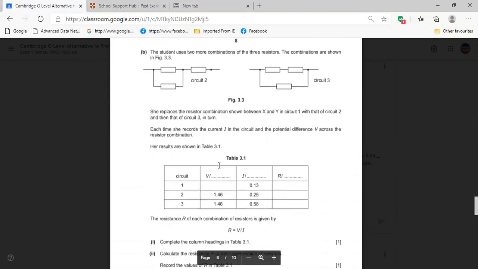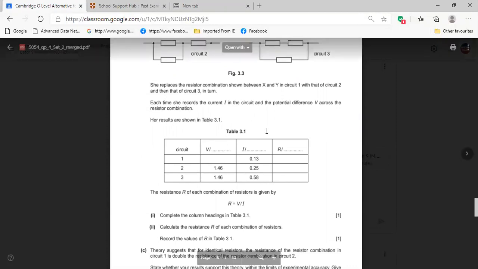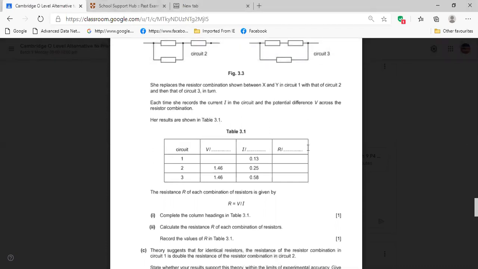Part B. Okay, so part B. You are asked B1, right? Complete the column headings in table 3.1. Yes, sir. So I give voltage, current, and resistance. You gave voltage, current, and resistance.